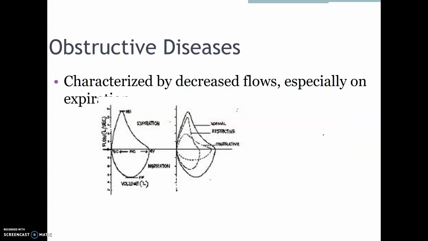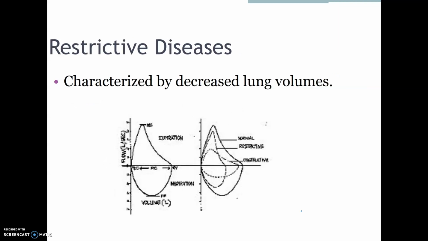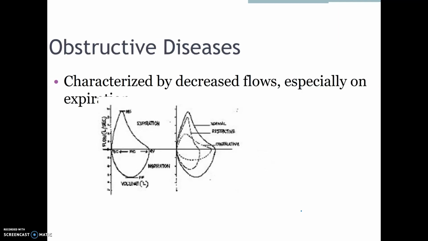So again, just some things that I wanted to reiterate. Obstructive diseases are characterized by decreased flow, especially on expiration. The expiration got cut off there, so if you want to write that in, it's characterized by decreased flows, especially on expiration. And restrictive diseases are characterized by decreased lung volumes. So let me go back to obstructive again.